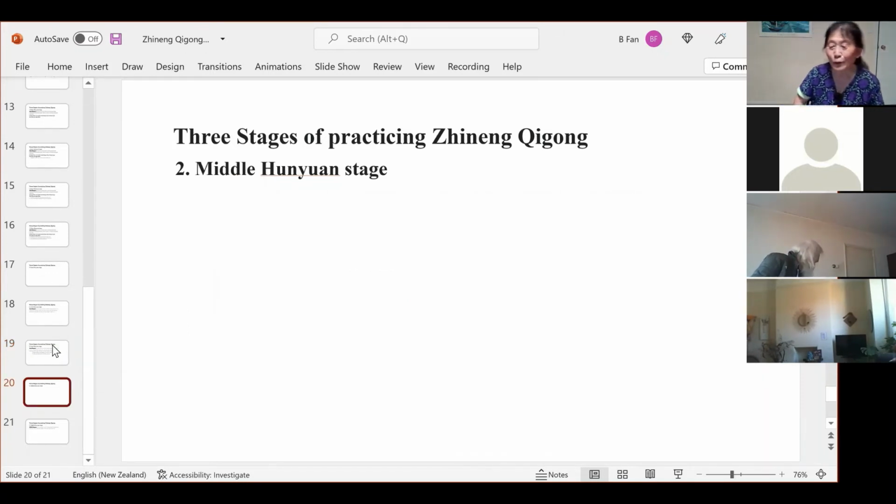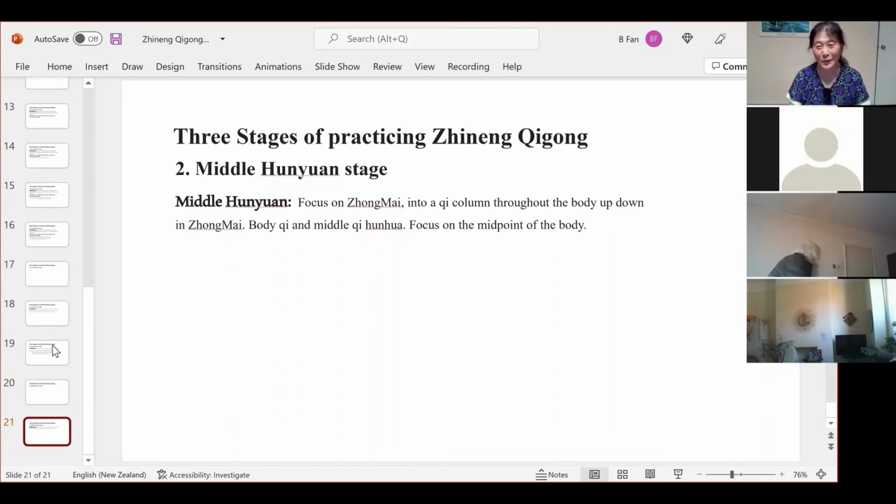Then the next level, oh, time goes quickly. The next level is the middle Huayan stage. What is middle Huayan? Okay, focus on Zhongmei.